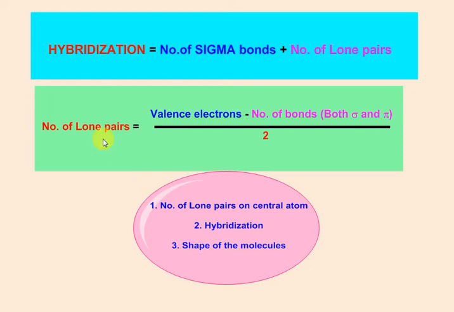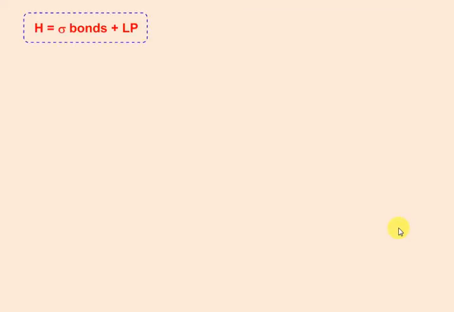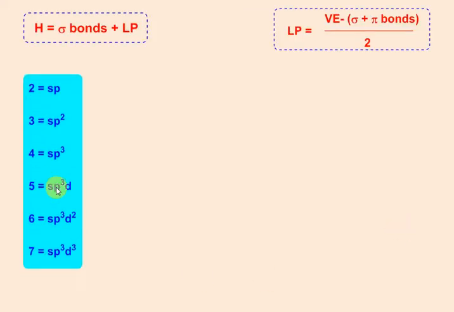Friends, by using this simple trick, you can predict the number of lone pairs on the central atom, the hybridization and the shape of the molecules. So you can easily answer questions based on this concept. Let us see what is the answer from this formula.